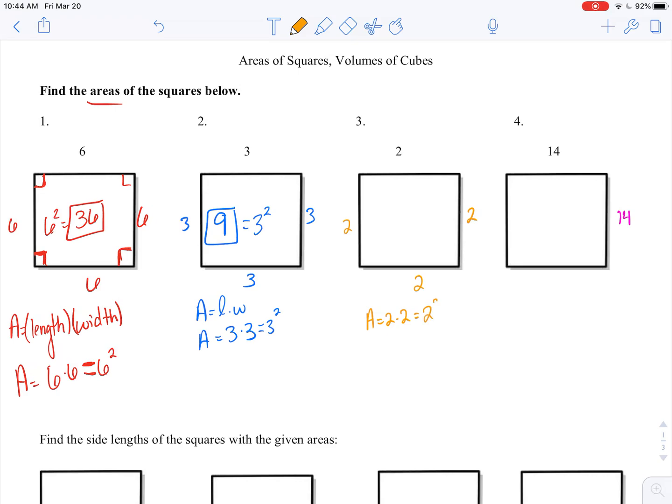All right, so here area is length times width. 2 times 2, or 2 squared. Area is 4. And last but not least here, length times width, 14 squared is 196.